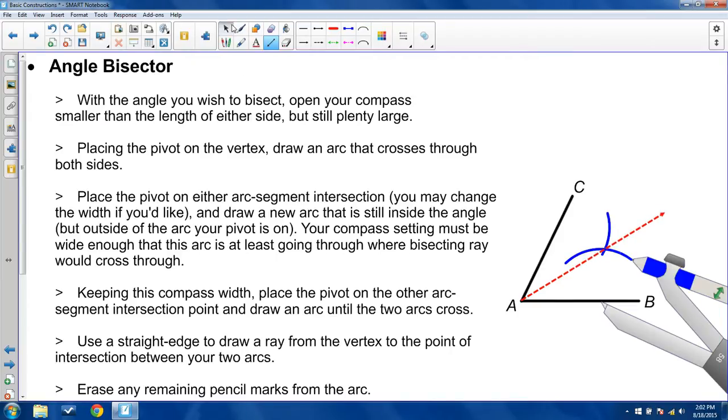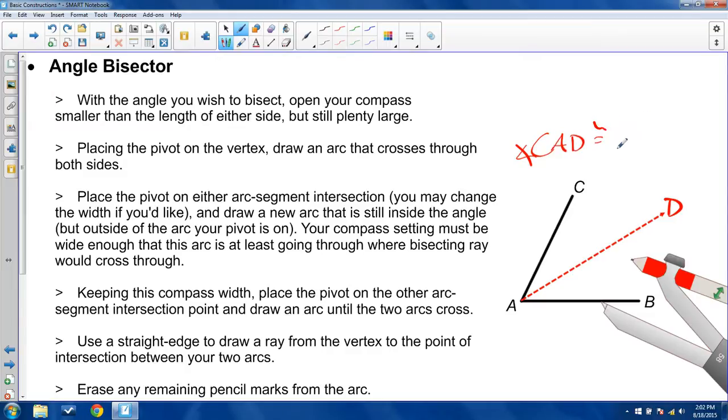That ends up allowing for your two angles here to be congruent if it's done correctly. Let's call that point D, just like before.